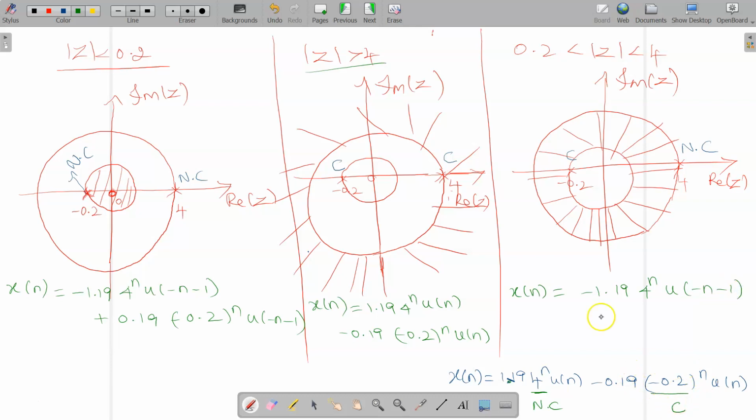The 0.2 term is causal, so no need to change its sign: minus 0.19 times minus 0.2 the whole power n u of n. So for the third diagram, 4 is non-causal, so change the sign, minus 1.19 times 4 power n u of minus n minus 1. Here causal means write the expression as it is. So I will be getting it like this.